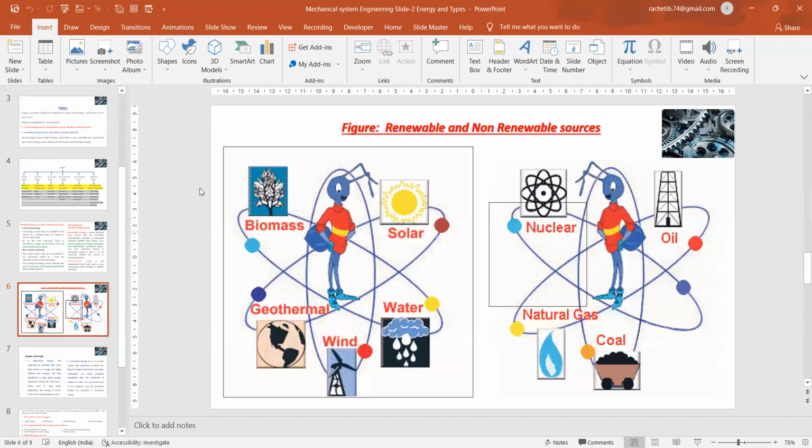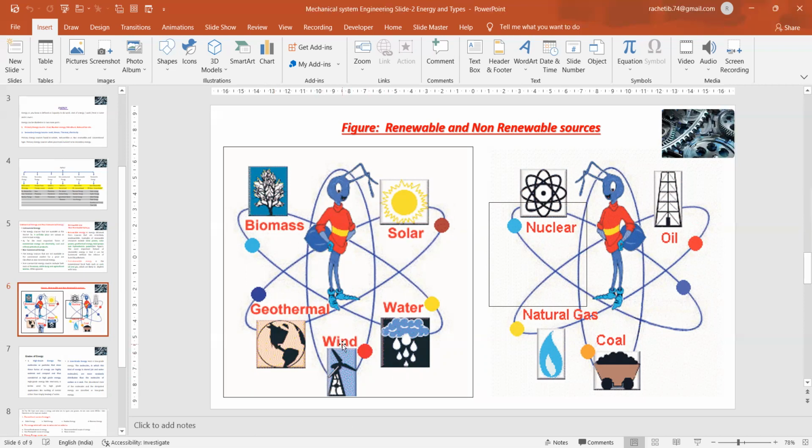Okay, so now from the figure it is clear what the renewable and non-renewable sources are. Biomass, this is the biomass obtained from dung, etc., animal waste. You can say from the waste. Then solar, and geothermal, just told, from within the earth, whatever heat is available underground, that can be utilized for electricity or other purposes, heating purposes.